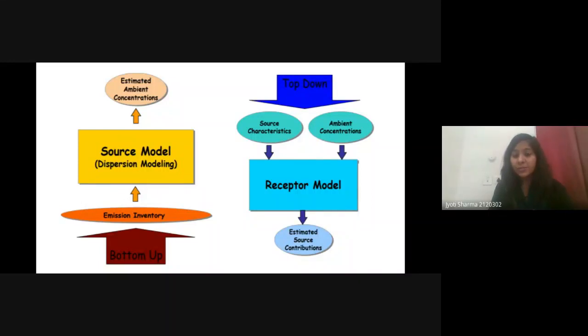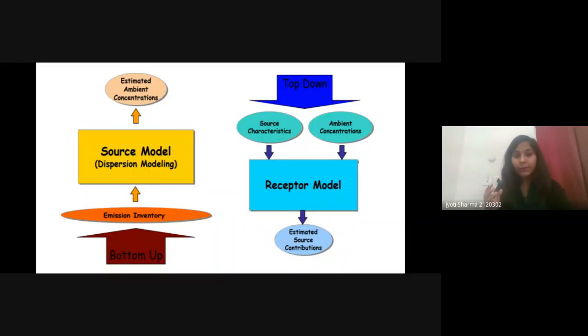The second approach is top down. So top down means, if you have this air quality index, based on that air quality index or based on some satellite data, you know that this much air pollution we have in the atmosphere.